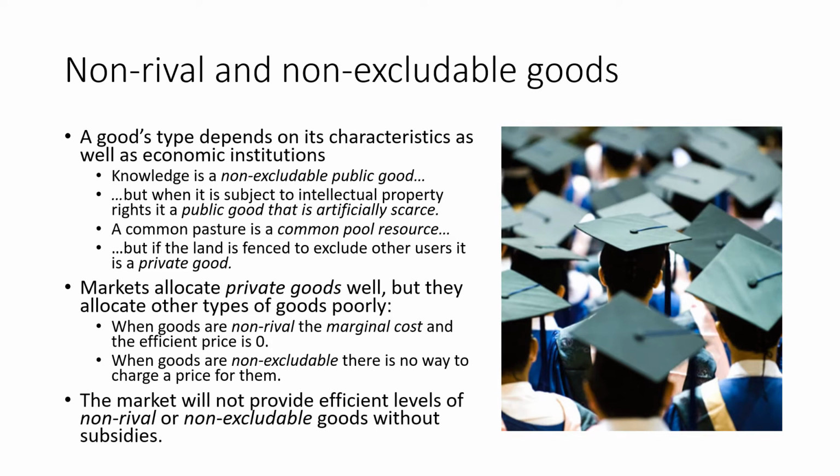The market will not provide efficient levels of non-rival or non-excludable goods without subsidies. And that is why a lot of times we will have the government providing goods that have these two characteristics. So for instance, roads. The government will provide roads because the market will not provide the efficient amount of roads.